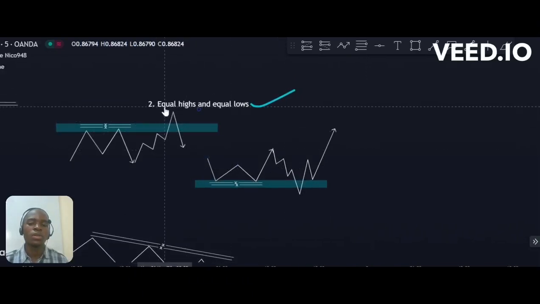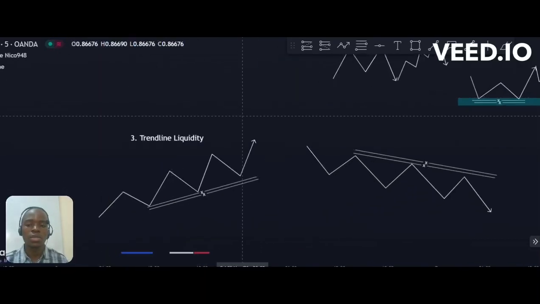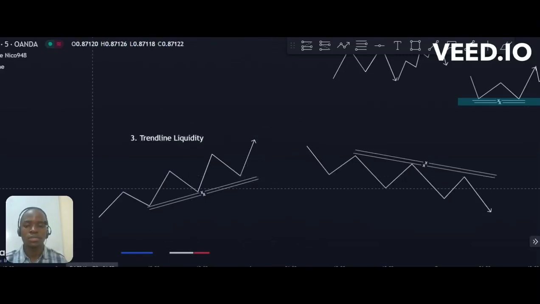So equal highs and equal lows are the second type of liquidity. Then we have the third type of liquidity, which is trend line liquidity. When we look at the live chart example, it will be very easy for you to understand.